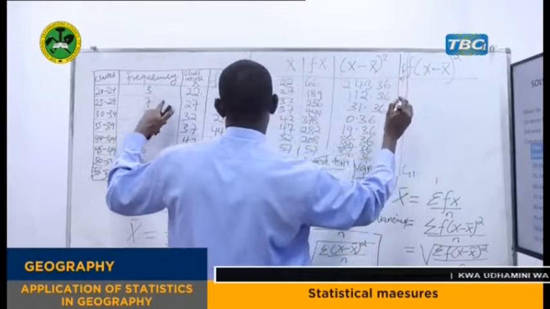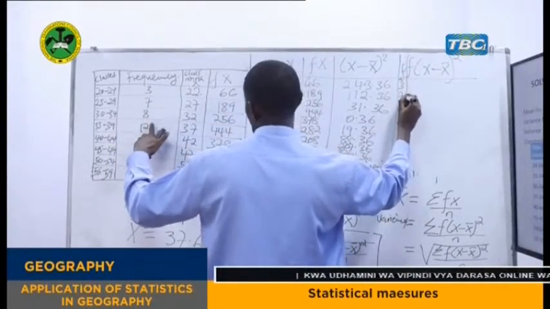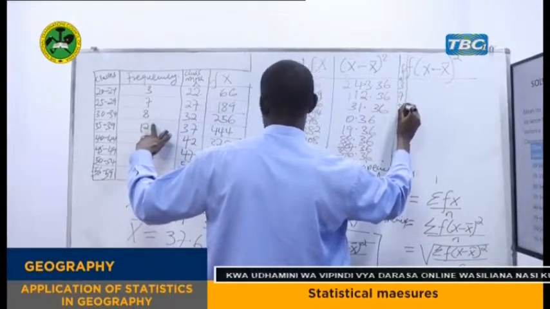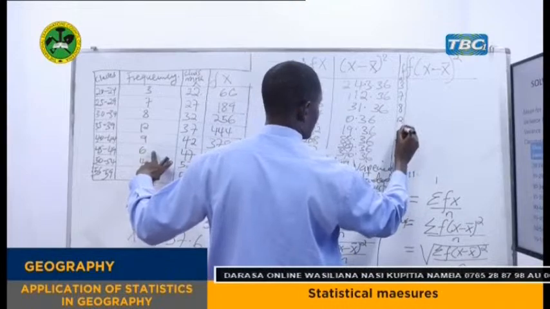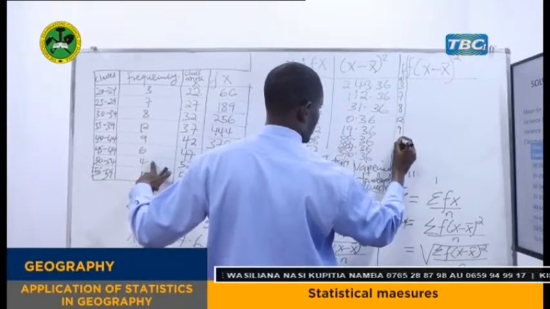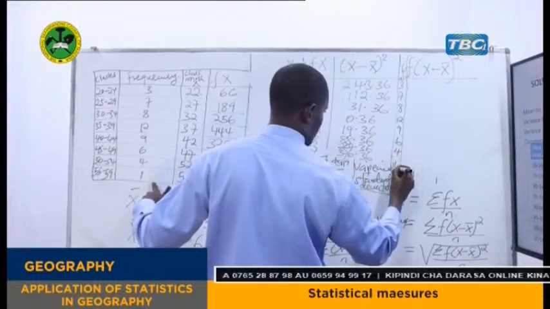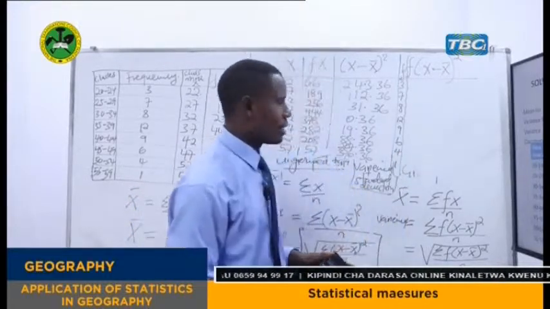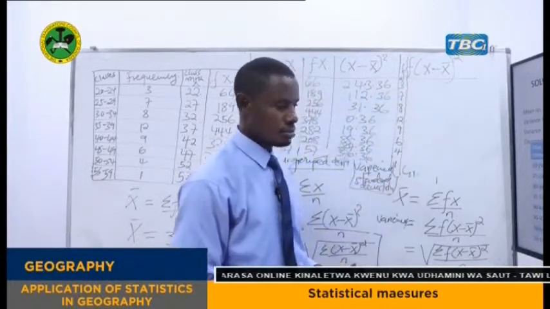For the first aspect we had 3, then we had 7, then 8, then 12, then 9, and we had 6, we have 4, and lastly we have 1. So we take that one times frequency, then you get that particular column.